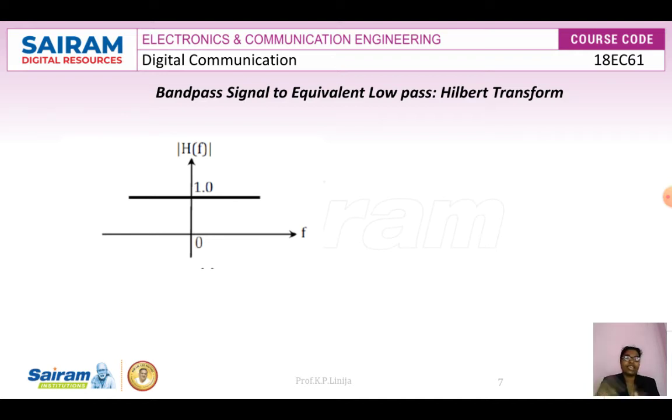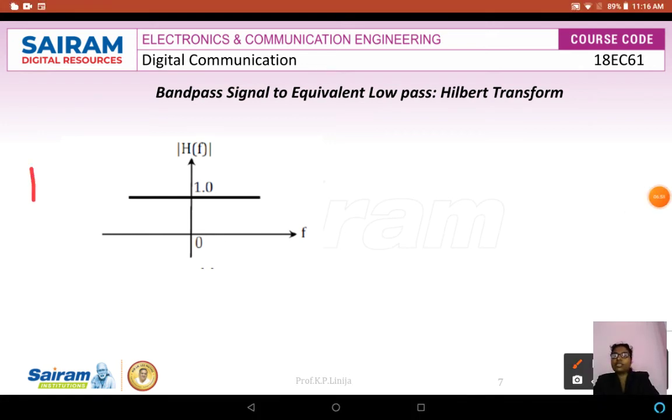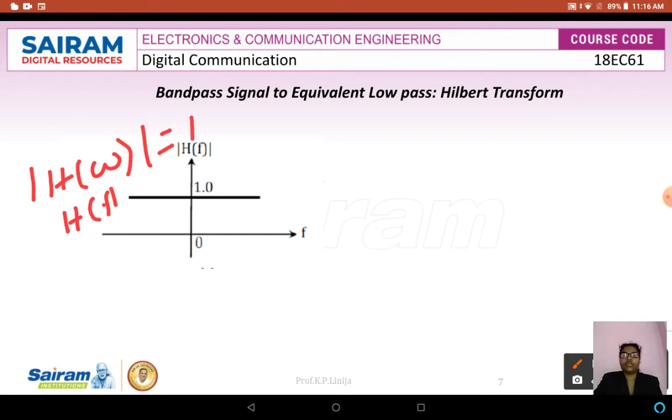Therefore we can write the modulus of H of omega, or H of f, is equal to 1. So we have represented here that the amplitude is 1.0. This is the magnitude of the frequency components of g(t) remaining unchanged.